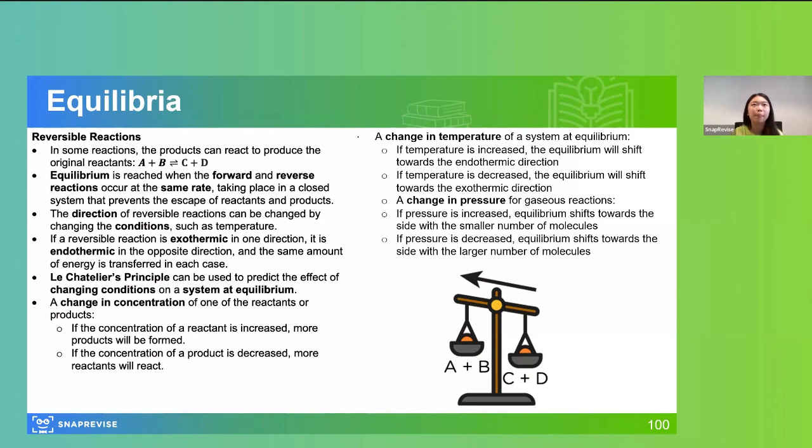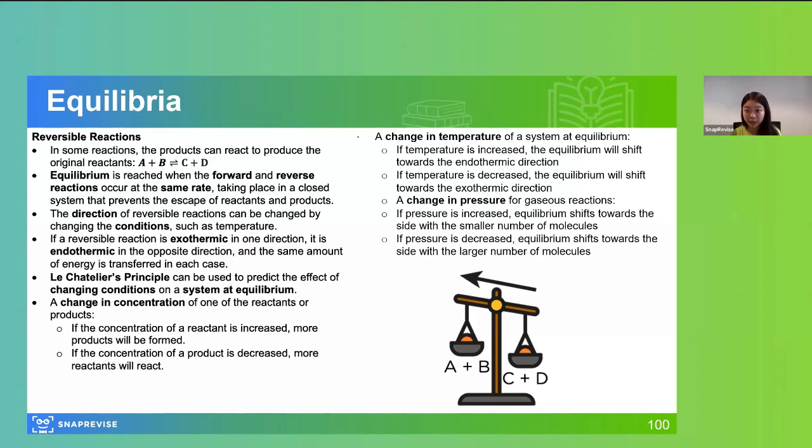They give you the reaction, and if the forward reaction, for example, is negative something joules, if it's negative, it's exothermic. If it's positive, endothermic. So if, let's say, the forward reaction is a positive number, like 56 joules, and the temperature increases, it's going to go towards the endothermic reaction, meaning it's going to go towards the forward reaction because the forward reaction is endothermic.